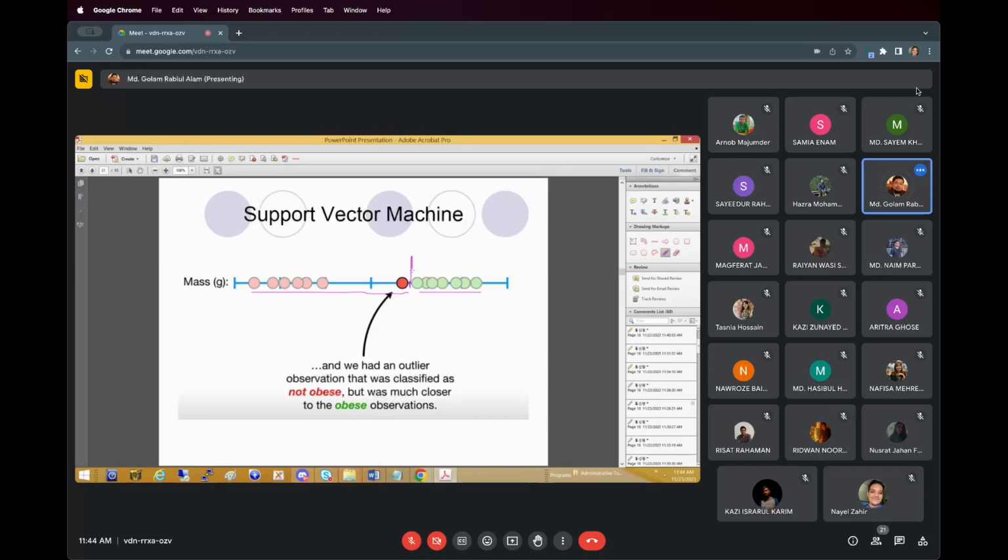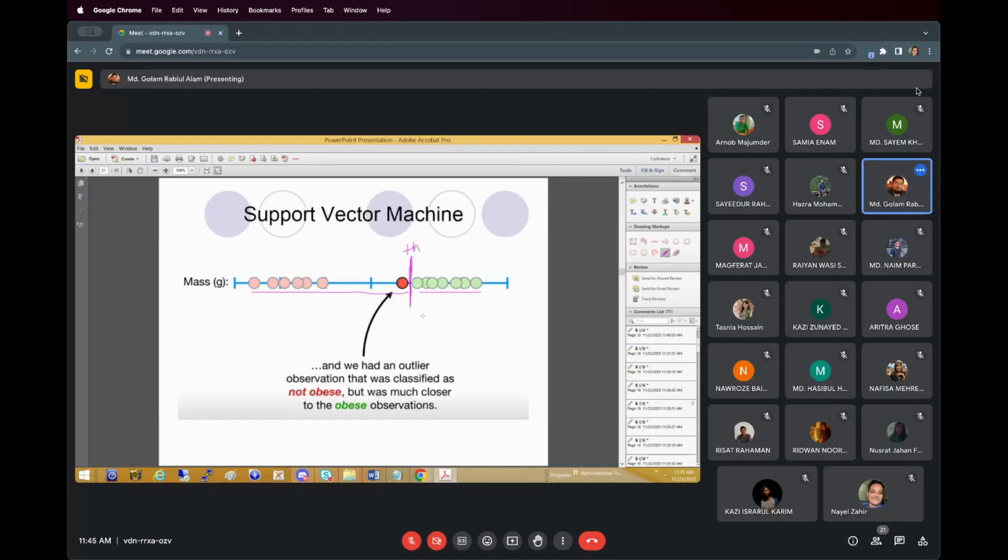This will be our threshold, our splitter, sorry, our hyperplane. Because of the hard constraint, this will be our hyperplane equation, or you can say threshold.